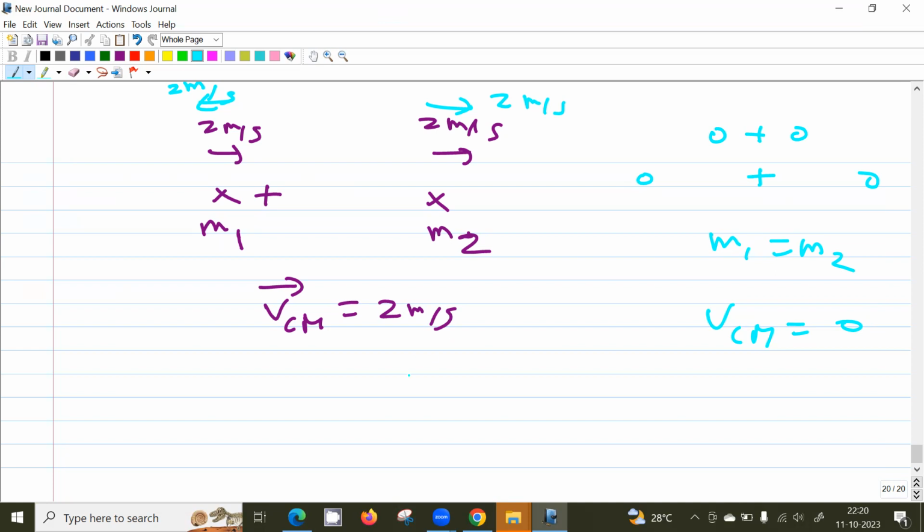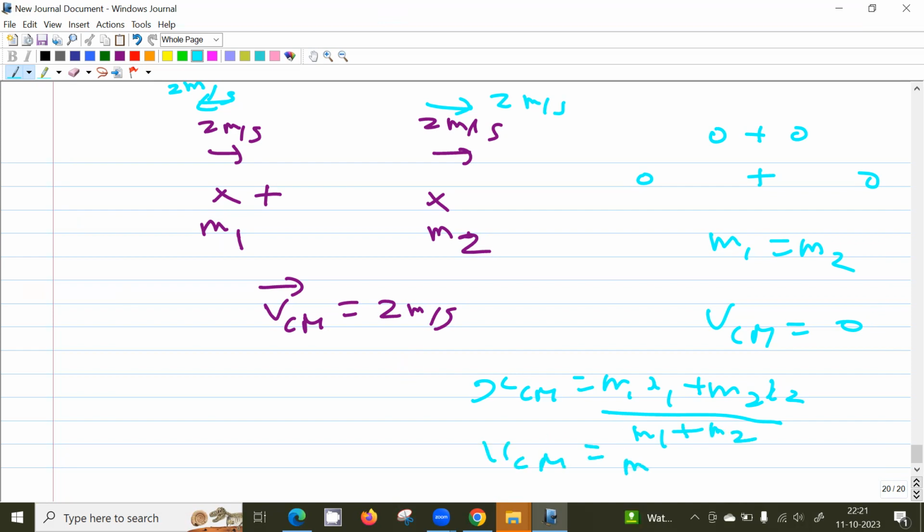So in general, x of center of mass is (m1 x1 plus m2 x2) divided by (m1 plus m2), for two point masses. In that case, I can get the velocity of the center of mass as (m1 v1 plus m2 v2) divided by (m1 plus m2).